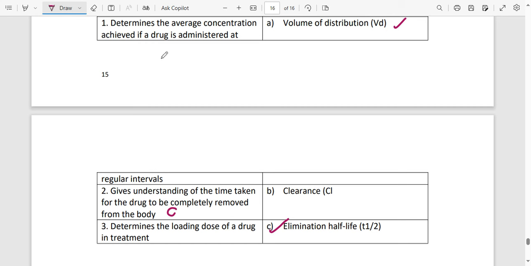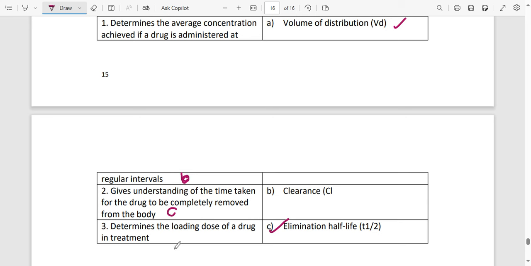And then for A, determine the average concentration achieved if a drug is administered at regular intervals. That is clearance, because clearance is talking about how much drug you are removing from the body. So that is B. And then for D, determine the loading dose of a drug in treatment.